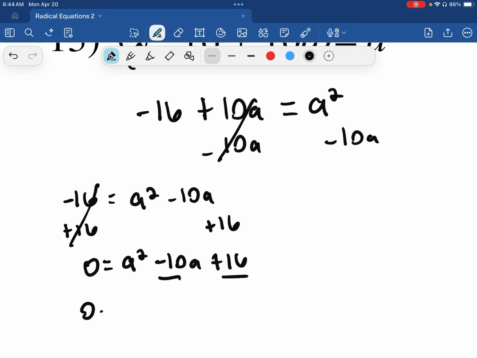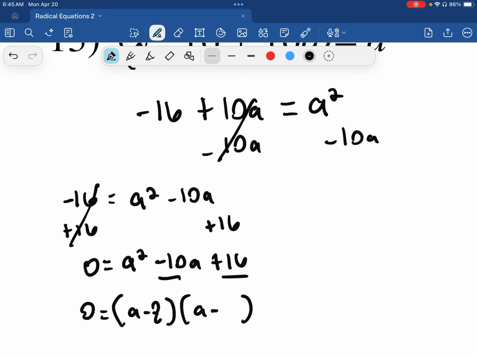So we're looking for 0 equals two numbers. It's going to have to be two negatives so that when they add, they're negative, but when they multiply, they're positive. Just going down the menu of what multiplies to 16, I get 4 and 4, or I see 8 and 2.